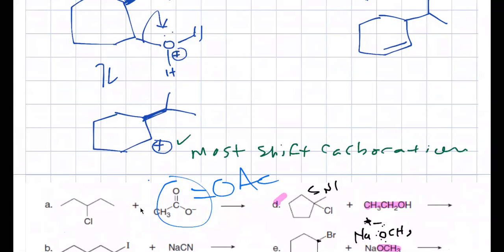All right, so there's a hydrogen here. And sometimes if you have a carbocation that's less stable, and it's next door to a carbon that will give you a more stable carbocation, you'll get what we call a hydride shift.